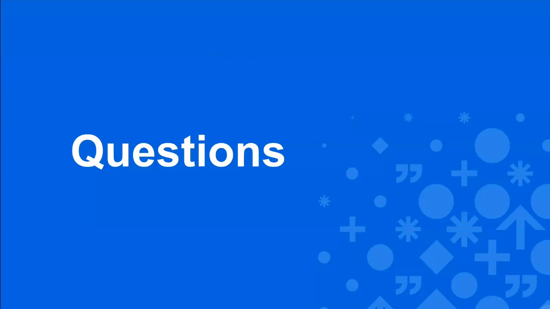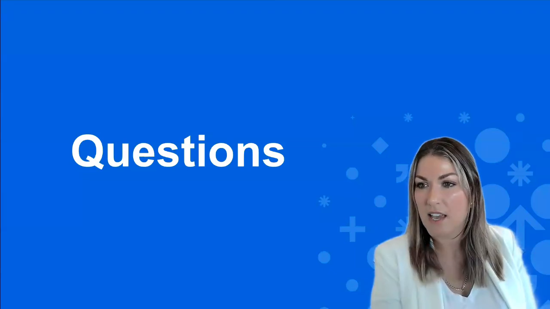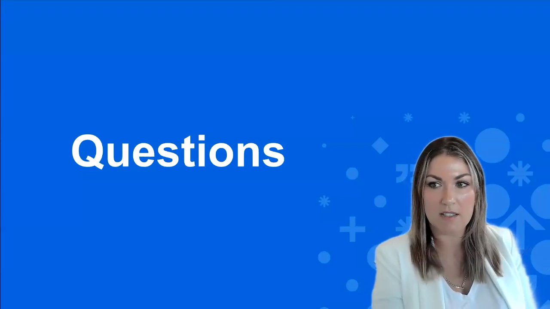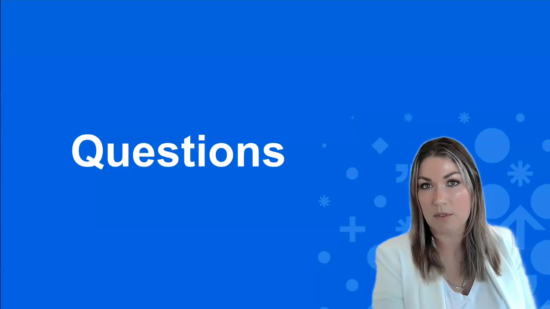So here is one from Catherine. Given a prospective board member may like to review some of the previous minutes, decisions and governance documents to base their decision on joining the board, I have found that they can't view very much on Board Pro as a guest executive. How can they view anything? I think that's more of a technical question than anything else. Yeah, you can send the minutes to external people through Board Pro.